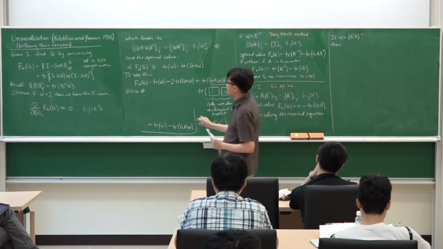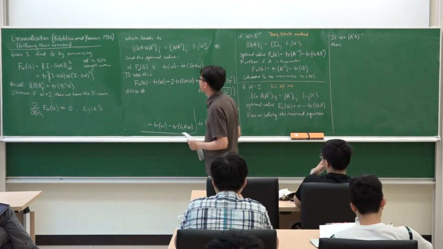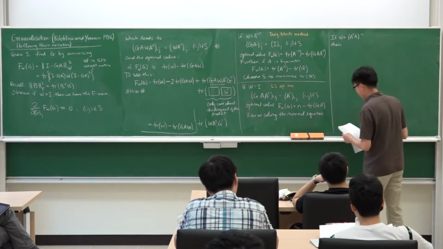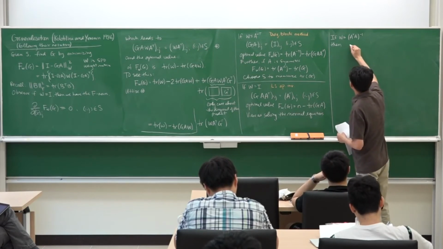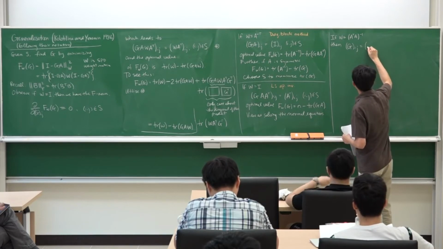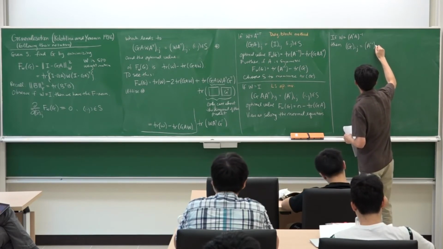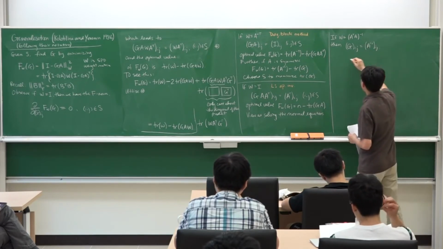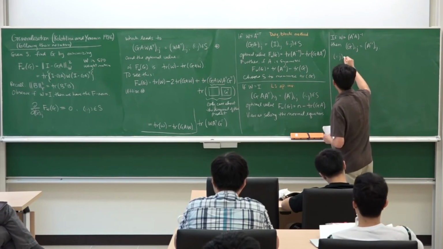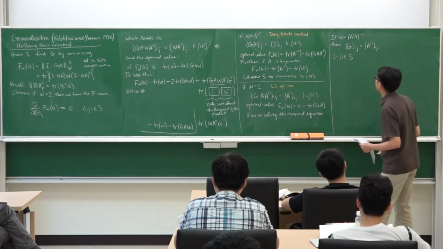Then we have Gij is equal to A inverse ij for ij in the sparsity pattern.